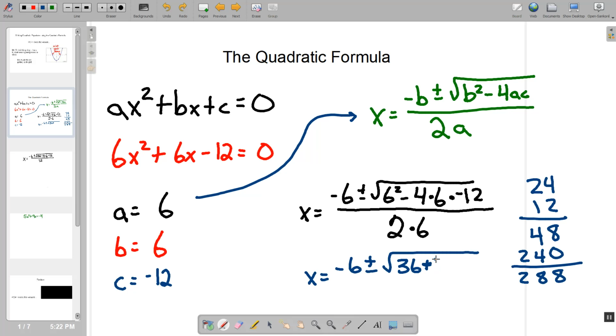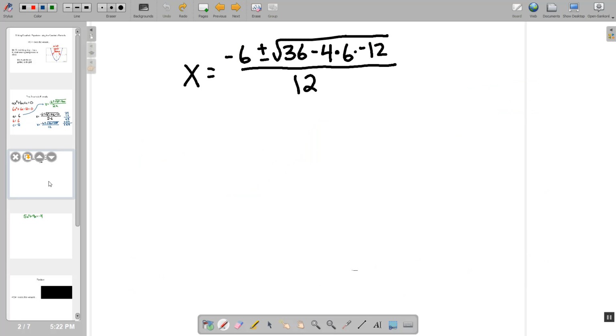So this will be plus 288. And all of that is over 12. Now we've plugged it into the quadratic formula, and now we just have to simplify our answer from here. I put this on a new slide just to give us some room.